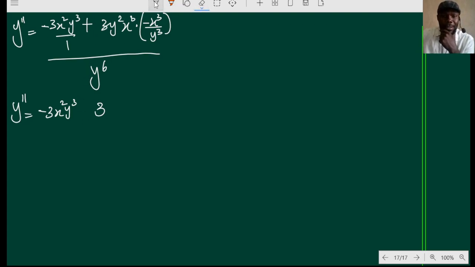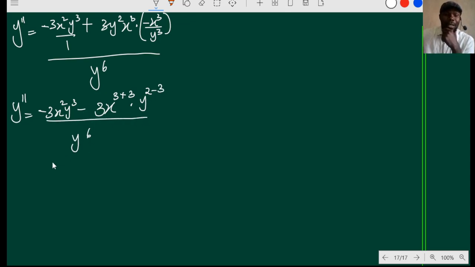It will not be plus again because minus times plus turns to minus. So it will now be x to the power 3 plus 3, here dot y to the power 2 minus 3 over y raised to power 6.